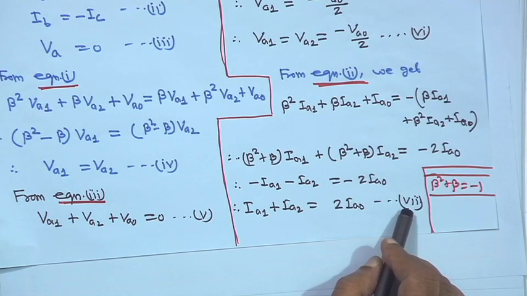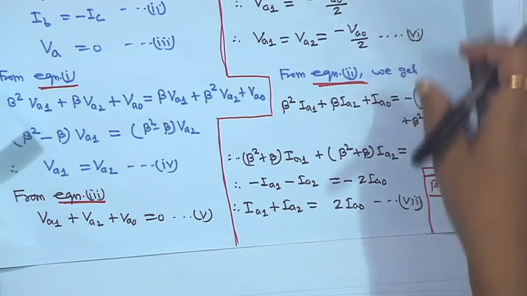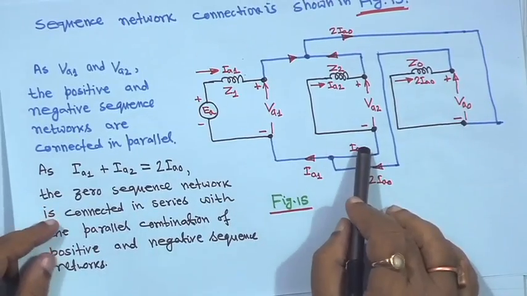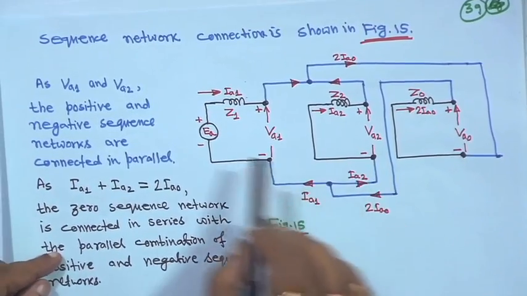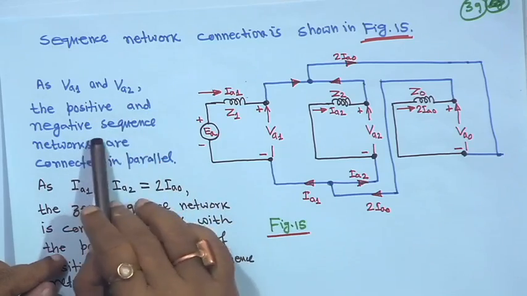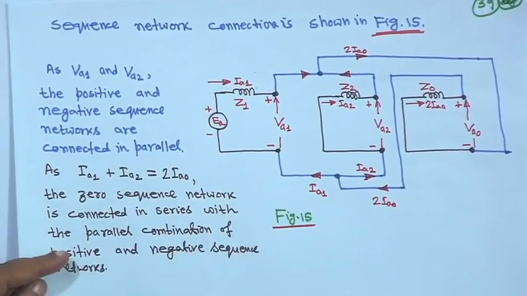With this, now we have drawn the sequence diagram for this one. As V A 1 is equal to V A 2, the positive and negative sequence networks are connected in parallel.